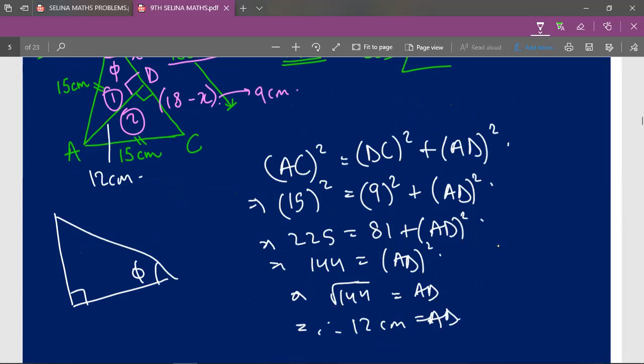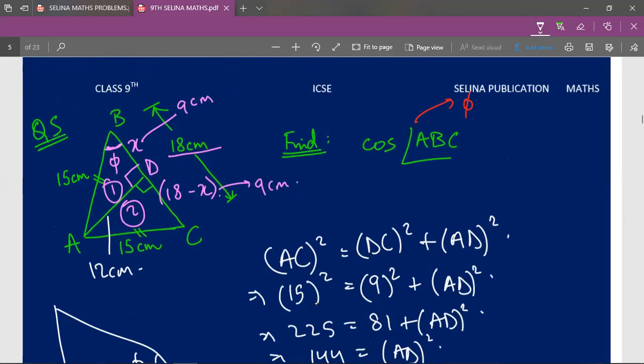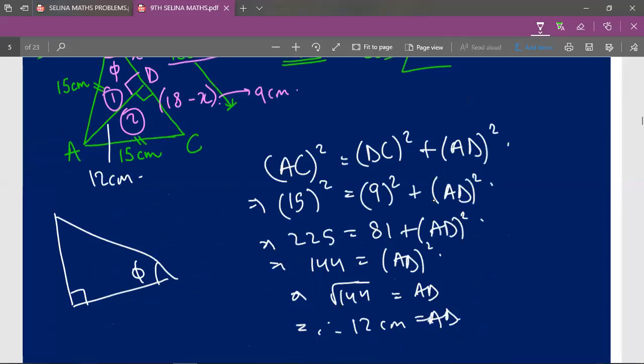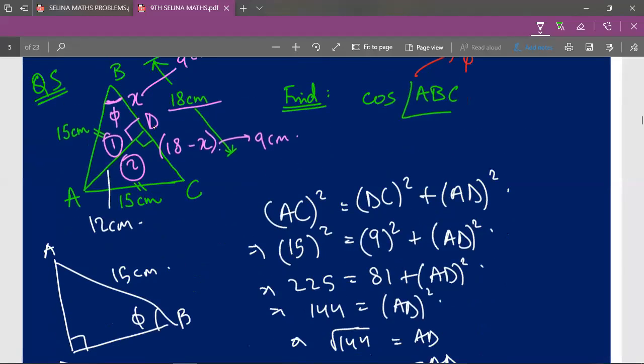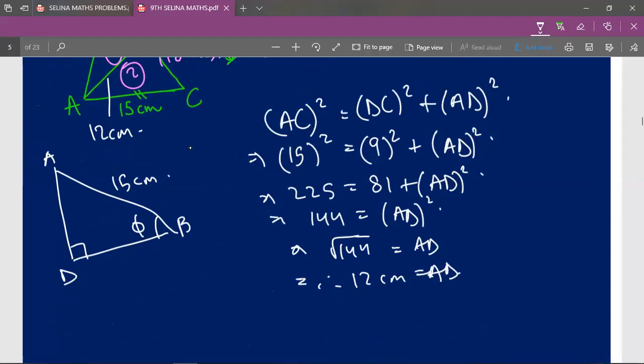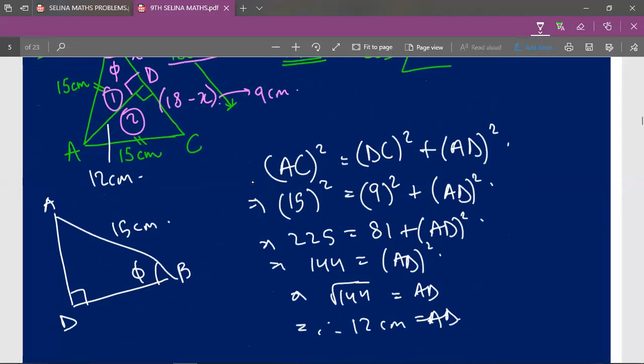And our hypotenuse is AB. And what is AB? 15 centimeters. So our rest of the unlabeled part is D, and it becomes labeled. So DB is equal to x, and we have calculated x as 9. So DB is 9 centimeters.